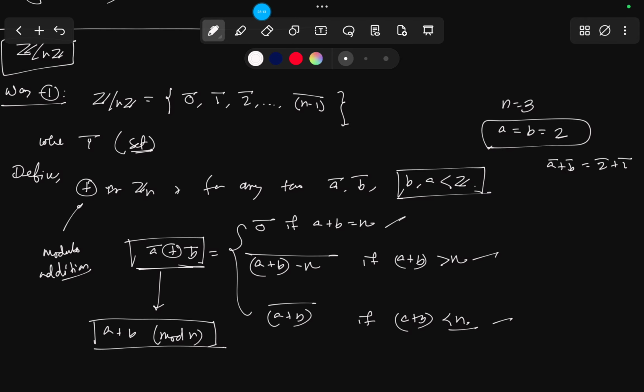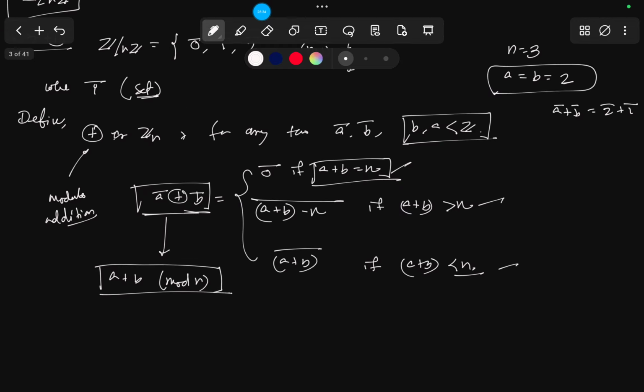Now it depends on the sum of the chosen elements. If A plus B is n, it is going to be 0 bar. If A plus B is larger than n, then we take the difference of A plus B and n and consider the set identified by that element. And if A plus B is less than n, then A bar plus B bar is basically A plus B bar, right?